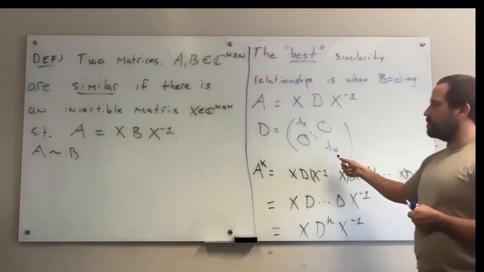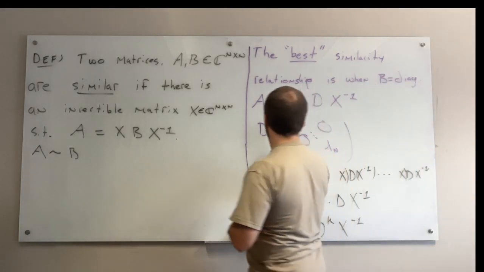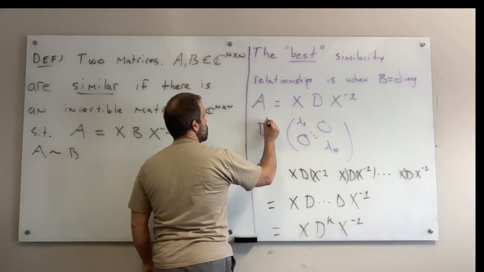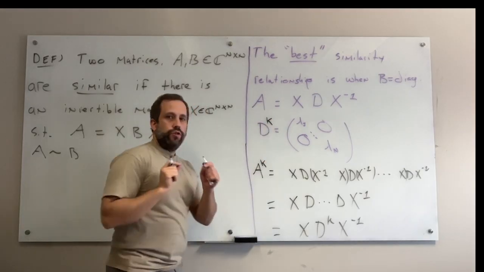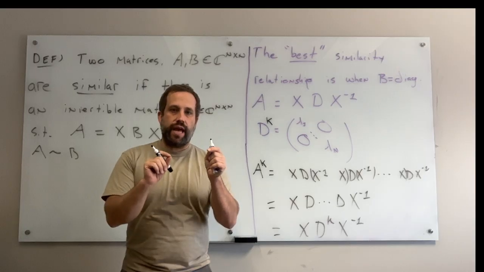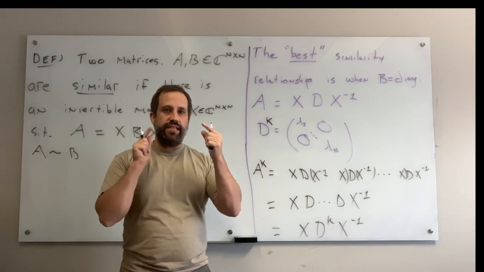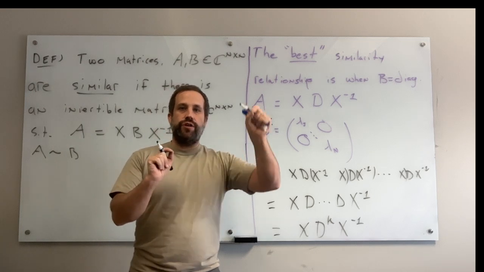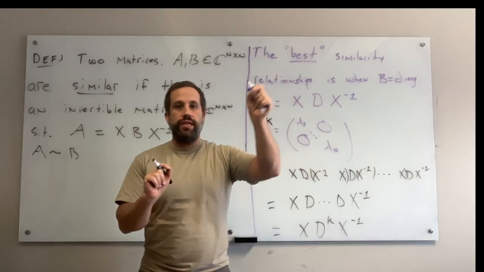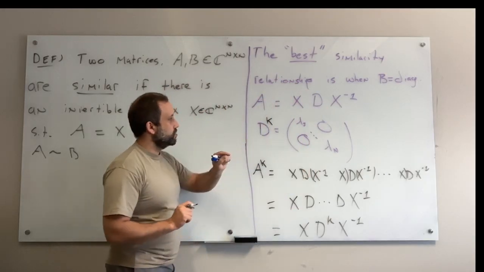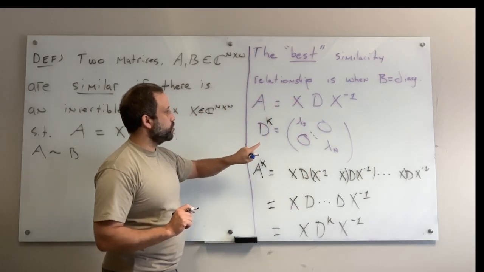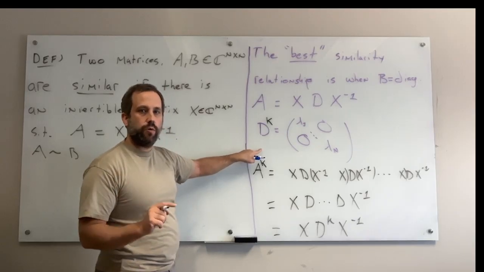Okay, now here's something. If you look at this matrix and raise it to the power of K, you can do this as an exercise. Usually when we take a matrix and we square it or raise it to the power of k, there's not an easily discernible relationship in the entries of A to the power of k to the entries of A. But for diagonal matrices, this is not true. The thing that is true for diagonal matrices is exactly what you want it to be.